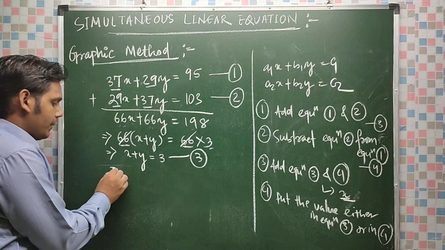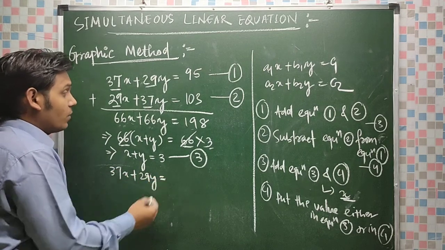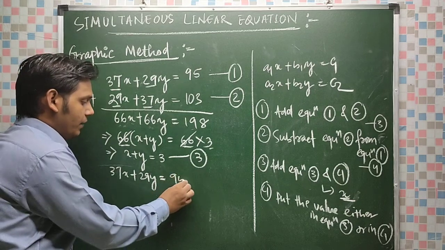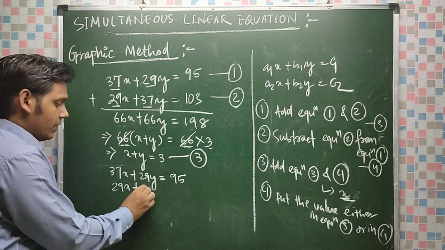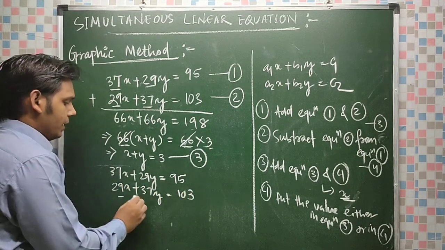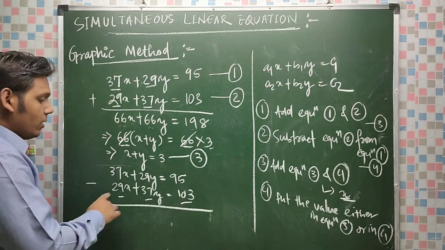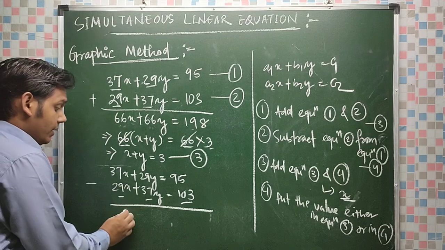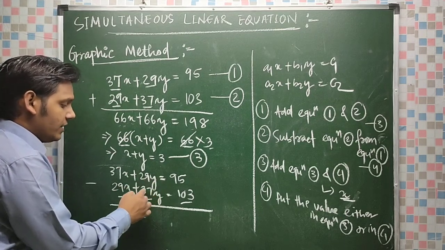Now I have to subtract. 37x plus 29y is equal to how much? 95. Now 29x plus 37y is equal to 103. So subtract, everything will change sign. So here it is 8x, and here minus 29y minus 37y.